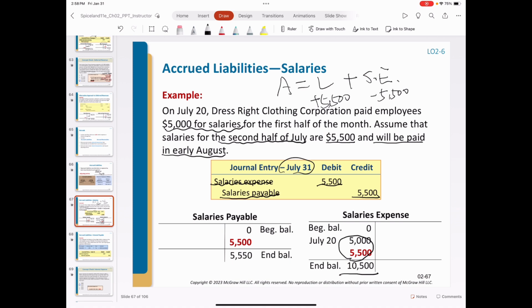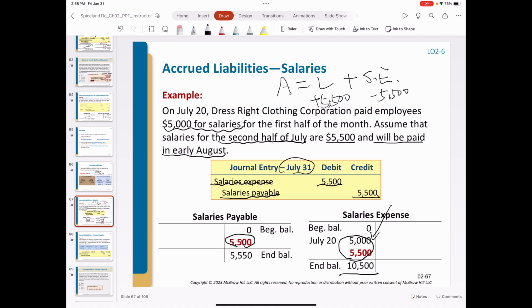So there was no payment, but the payment will be in the next month, so we record it as a liability. It is easily understandable that the company indeed incurred two half months' salary expense. One is $5,000 for the first half, $5,500 for the other half.